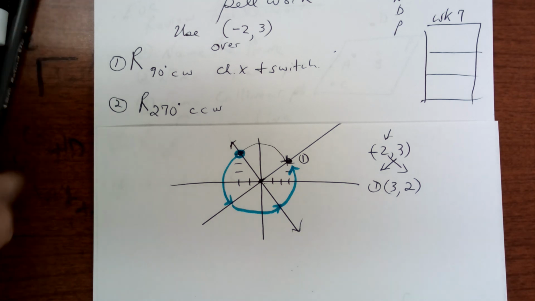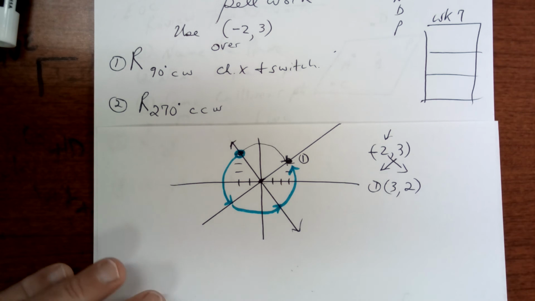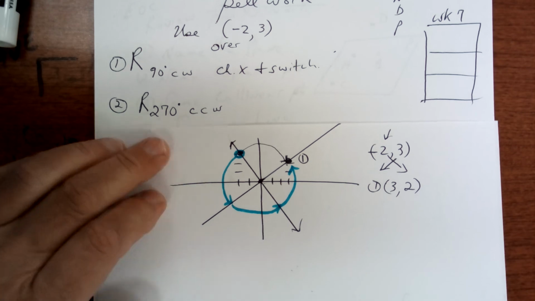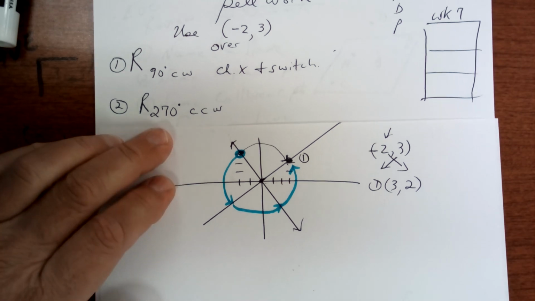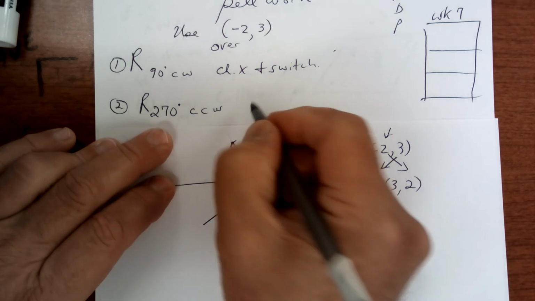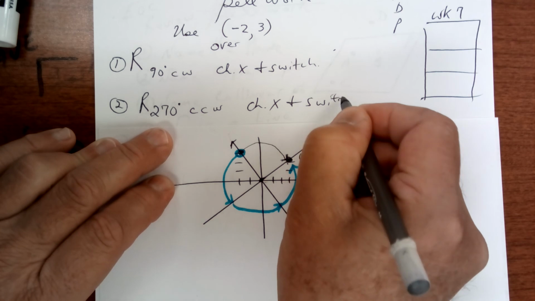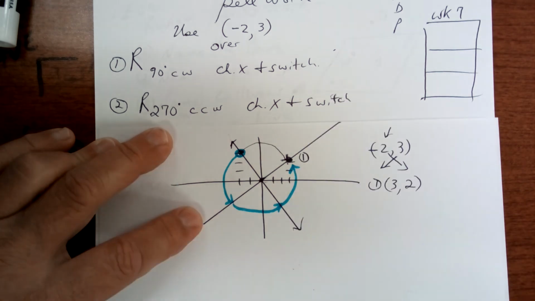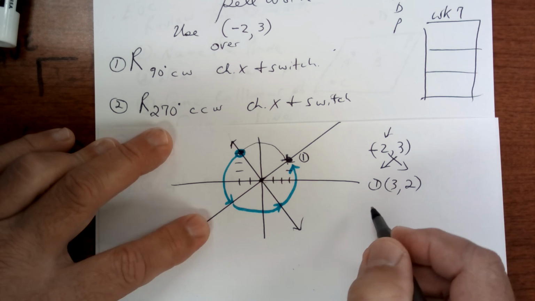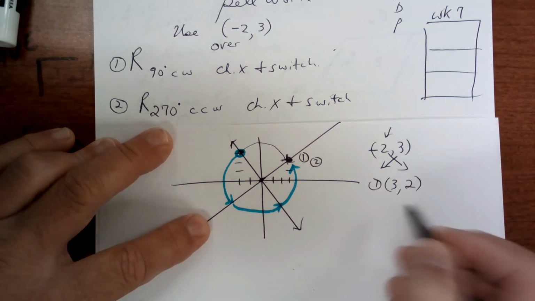So to go 270 counterclockwise, it's going to be the same rule. It's going to be change the X and switch. And I did that without even knowing my rules. So number 2, which is also going to be here, is going to be the same thing.